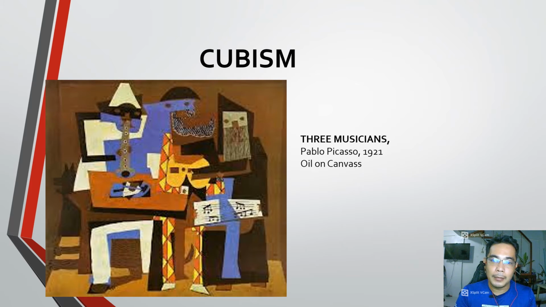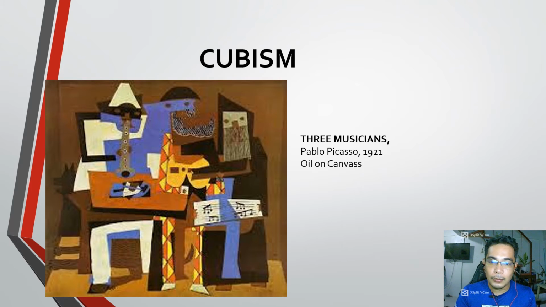And at the same time, since it is cubism, the style or the technique used by Pablo Picasso is that he used shapes. As you can see in this painting, gumamit siya ng shapes. He used lines, he used angles, he used planes para ipakita yung kanyang subject.